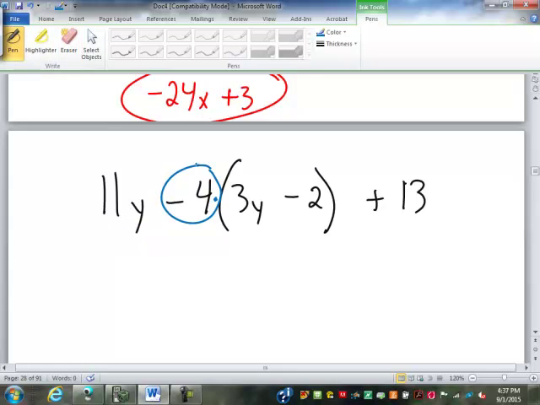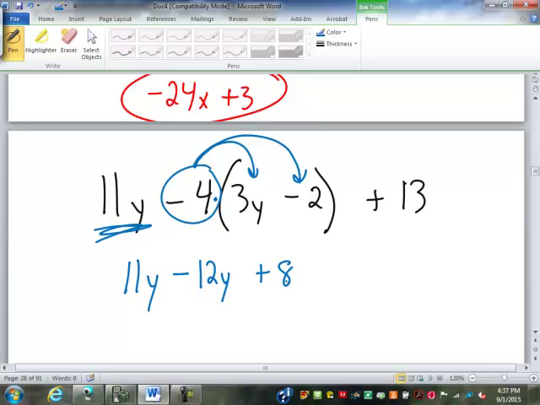So I have to do negative 4 times 3y, which is negative 12y. Now before we hit the next step, what happens to this 11y out here? It just drops down. Nothing happens to it yet. So we still have the negative 4 here times the negative 2, which is positive 8. And then the positive 13 out here just drops down as well.